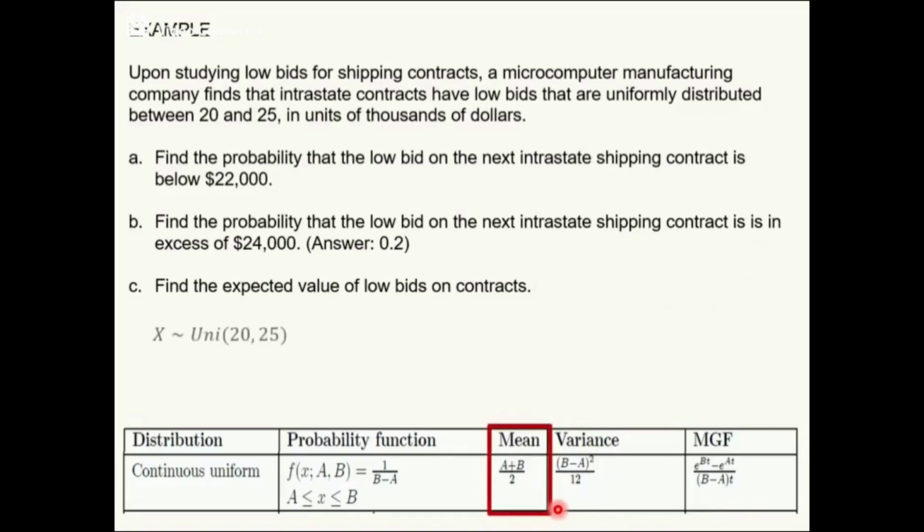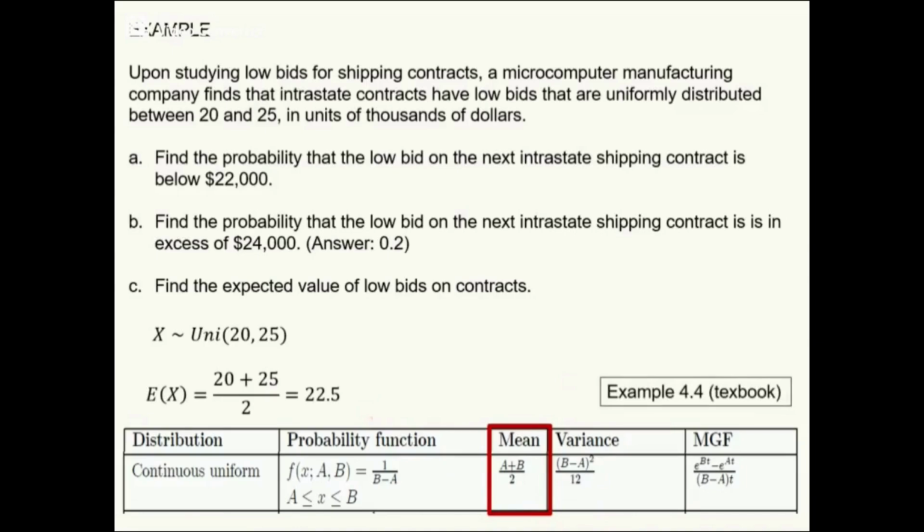We know what A and B are, that's 20 and 25, so you just plug them in and you end up with 22.5. And that's all that you have to do. In the textbook, you'll see example 4.4 is another example where they apply the uniform distribution, and you can have a look at that if you would like a bit more practice on this.